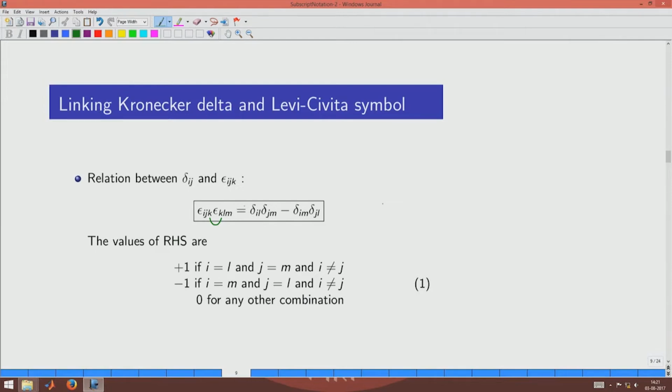On the left hand side you have got epsilon I j k epsilon k L m, with k equal to 1, 2, 3, and this is for each I, j, L and m. For each value of I j L m, you are summing up 3 pairs of epsilons and getting the value, and these are the values that will come out.